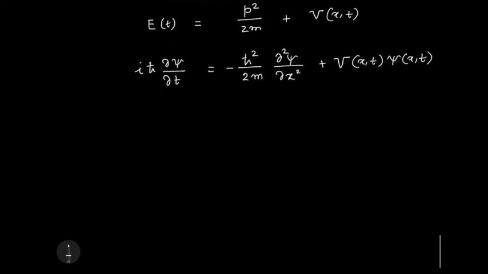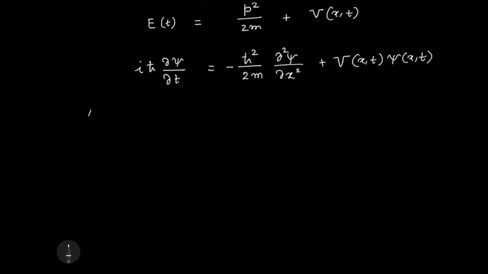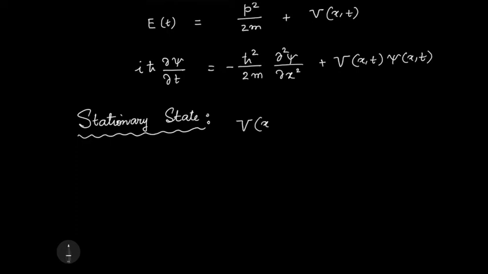So we'll consider a very particular case of the Schrodinger equation, which are known as stationary states. And this is the only thing that we will deal with in the rest of our lectures. So what is a stationary state? It is the case where the potential V is not a function of time.